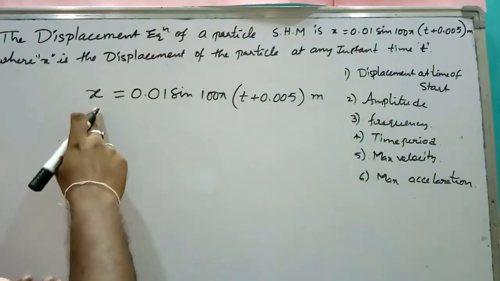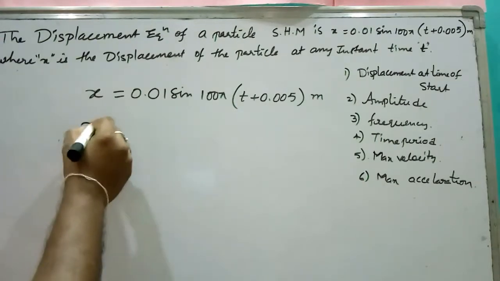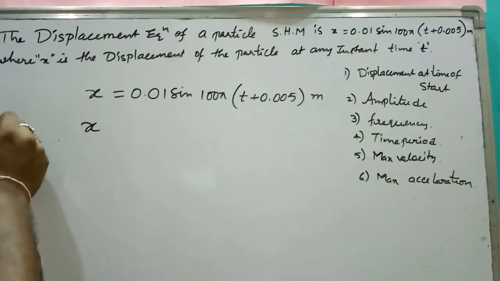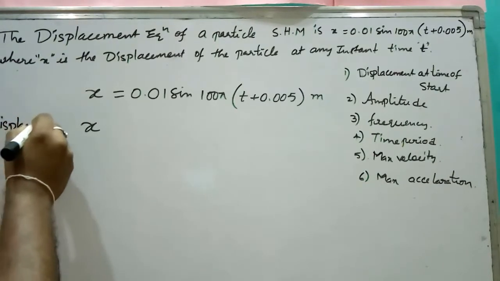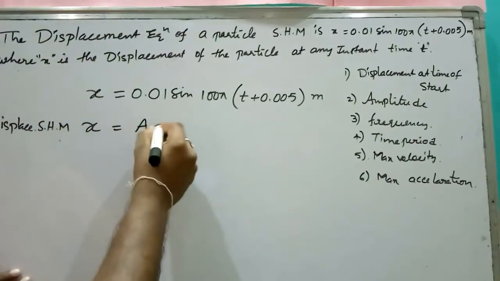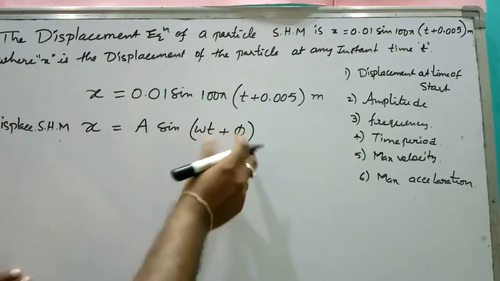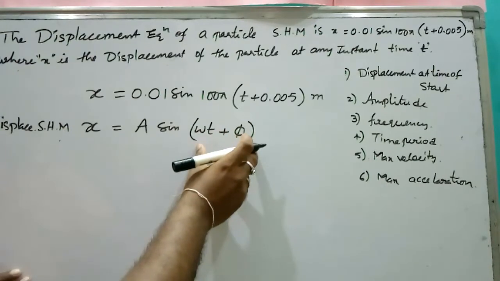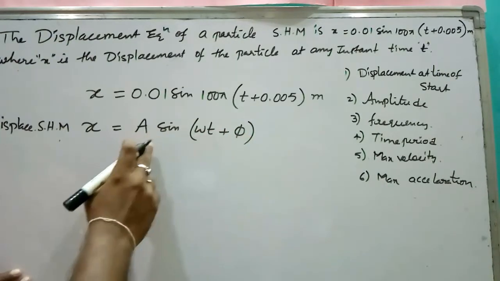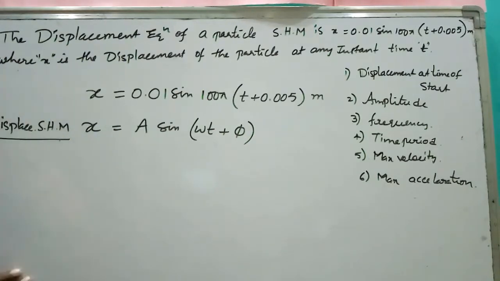Here the displacement is measured in meters. We already know the general equation of simple harmonic motion is x equal to A sine of omega t plus phi. Here omega t plus phi is called the phase of the oscillator, A is the amplitude, and x is the displacement of the oscillator.